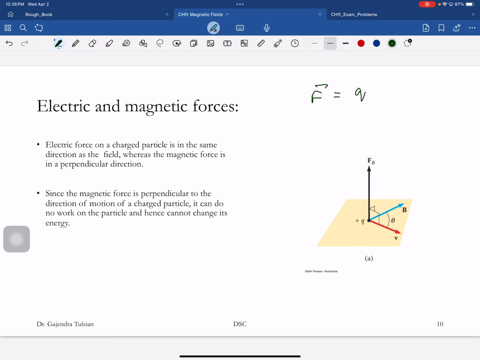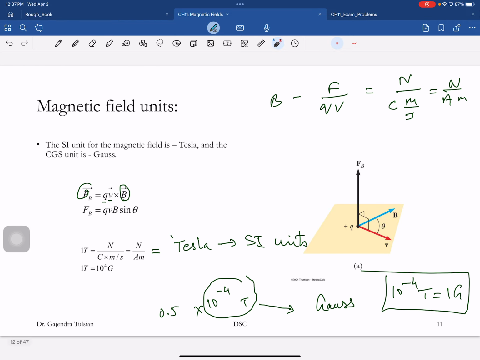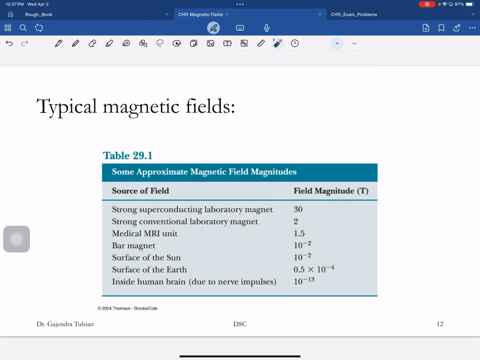Force is QV cross B. You figure out the direction of this vector, which is that, and if Q is negative, the force is in the opposite direction. All right, we saw all of that.